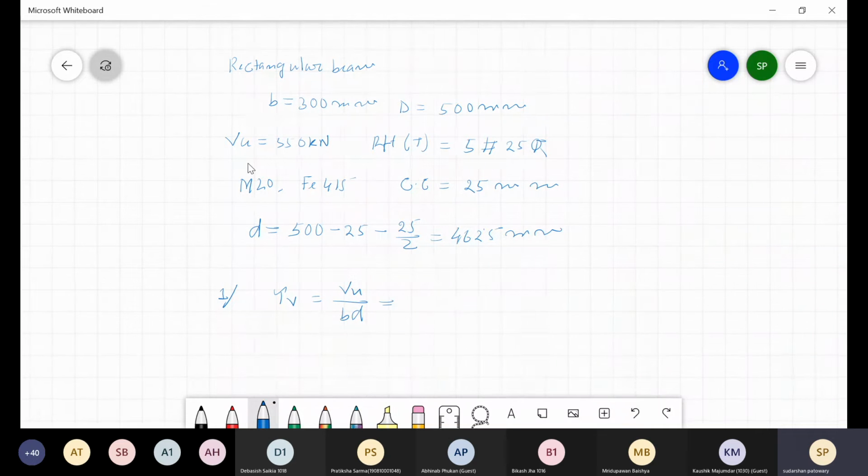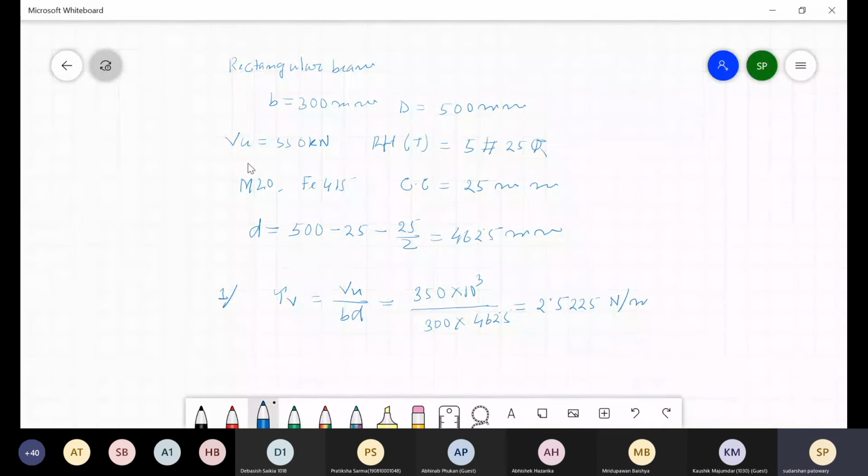So V is equal to 350 into 10 to the power 3 in Newton, b is equal to 300, d is equal to 462.5. Why have I converted into Newton? Because our tau C value is given in Newton per mm square in IS 456. So this is 2.5225 Newton per mm square. Up to this much clear?